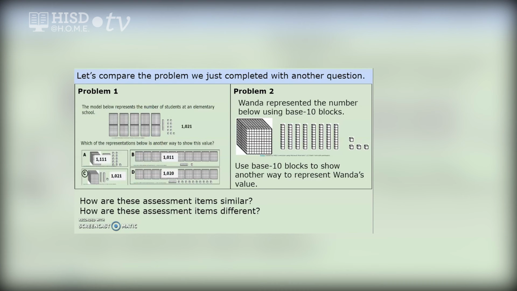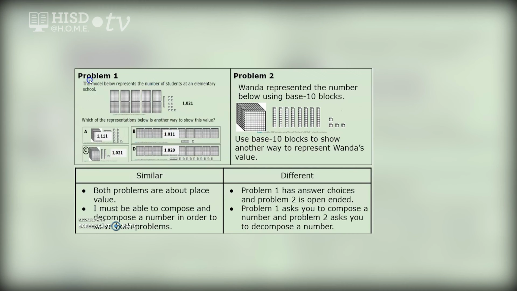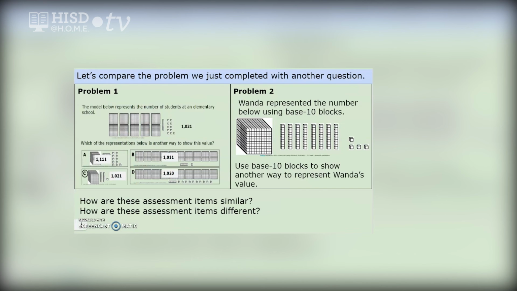Let's compare the problem we just completed with another question. So this is the problem that we just completed. Now, I want you to look at problem 2. How are these assessment items similar? How are the assessment items different? Let's look at problem 2.